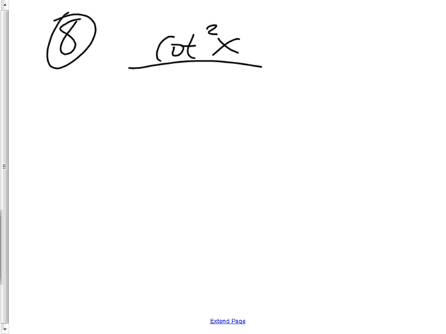On the bottom, we just replaced 1 plus cotangent squared with cosecant squared. Okay, so cotangent x over, and 1 plus cotangent squared can be replaced with the 1 with the coat is cozy.